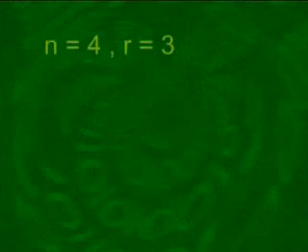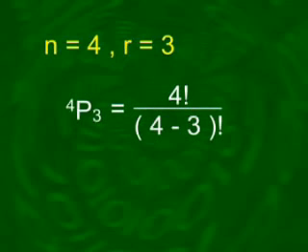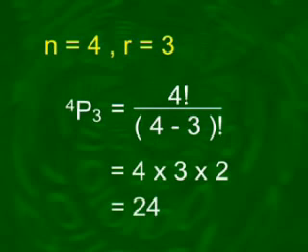And if I substitute these values in this formula, then as you now see on the screen, the answer is 4 factorial over 4 minus 3 factorial, and that is equal to 4 into 3 into 2, and that is 24.